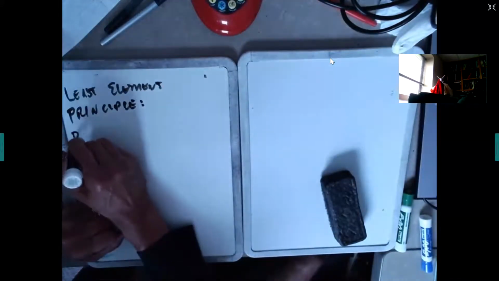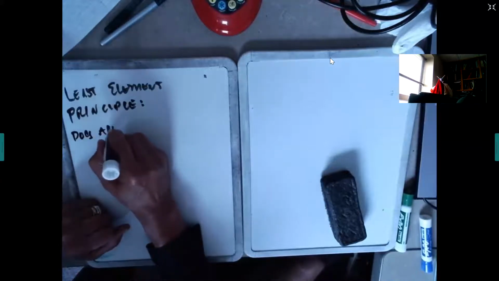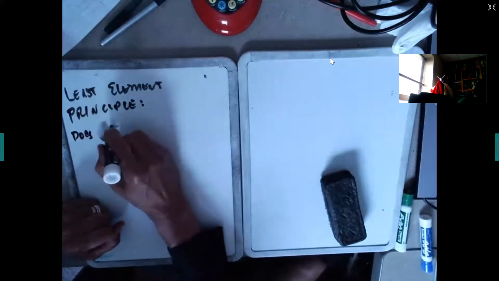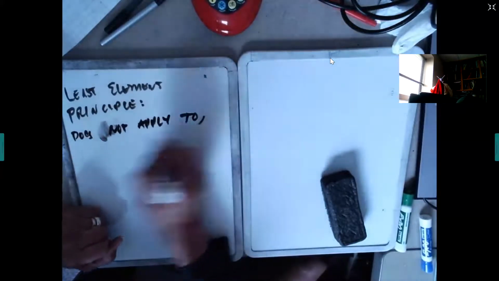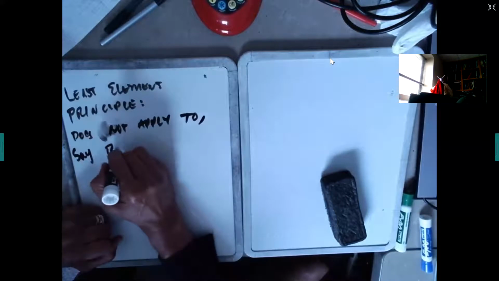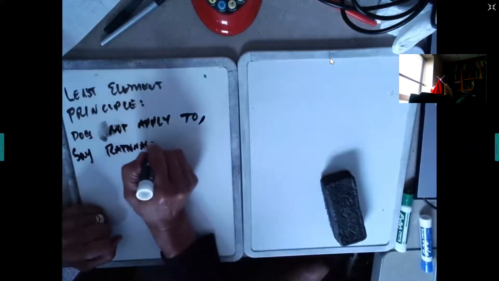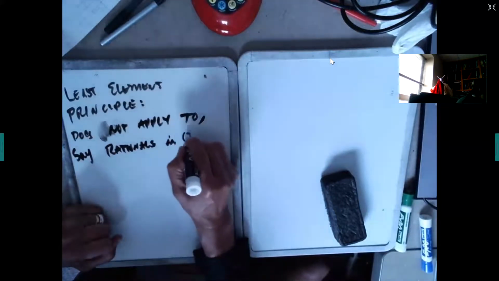For example, it does not apply to, say, the rationals in, let's say, (0, 1).